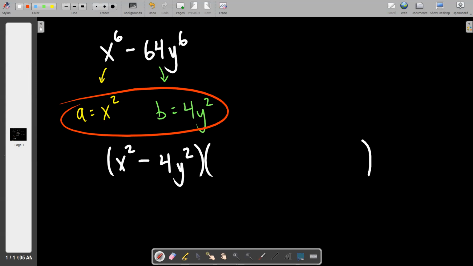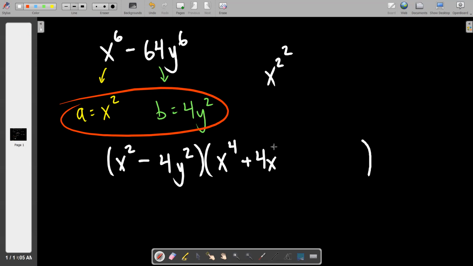So you can take it or leave it, but explicitly writing down who A is and who B is is huge, because then it's just dropping them in. So what goes first in long set? X to the fourth. Very good. Because that's where A squared would go. And of course, x squared squared is x to the 2 times 2. What's going to go in the middle?